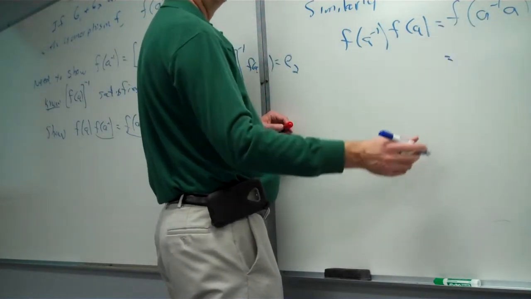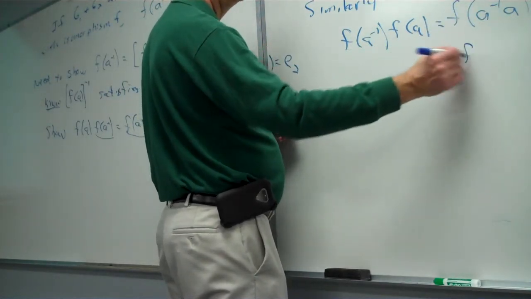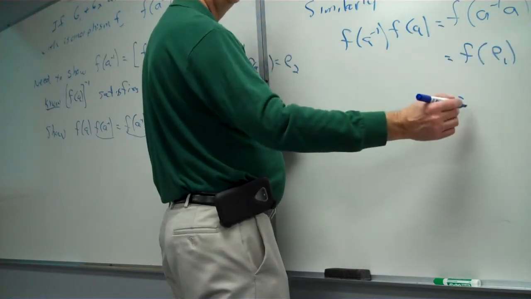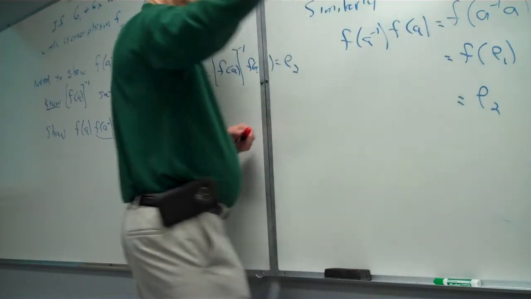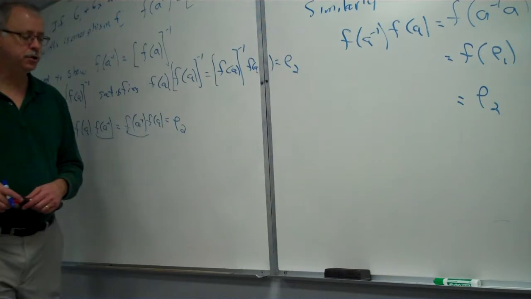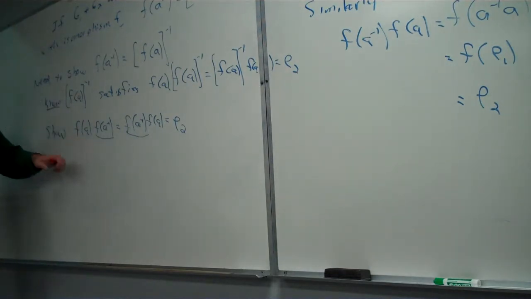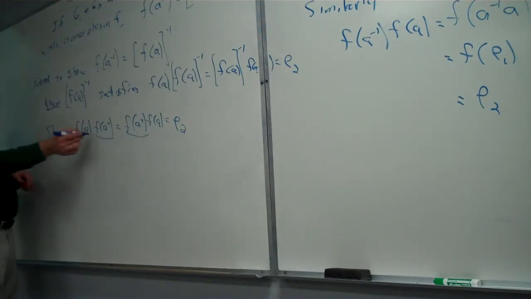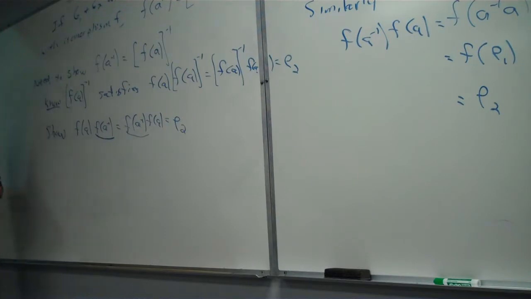And in group G1, A inverse times A is the identity, and f of the identity in G1 is the identity in G2. And so we accomplished what we set out, that this element, f of A inverse, does act like the inverse of f of A. Well, if it acts like it, it is, since there's only one inverse. If we happen to stumble on something that acts like the inverse, well, that's our inverse.